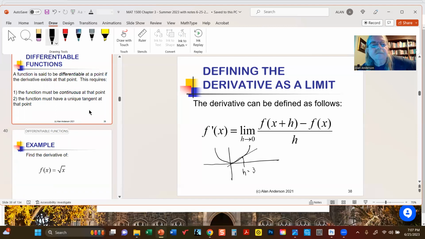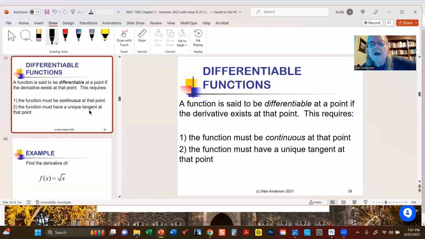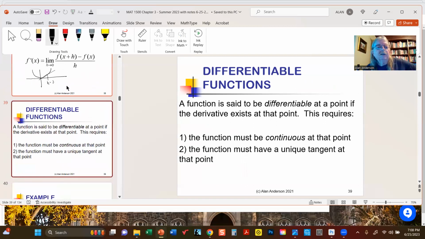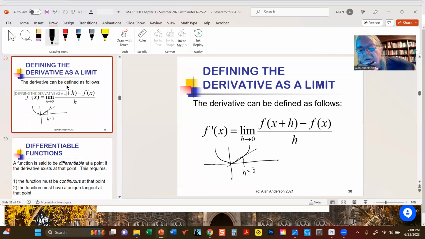Now, not all functions can have a derivative, or at least not at every point. In other words, a function can be differentiable at some points and not at others. For this one, wherever you go, whatever point you're looking at, you can find a slope of a tangent line for this function.